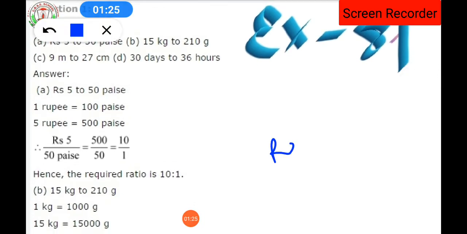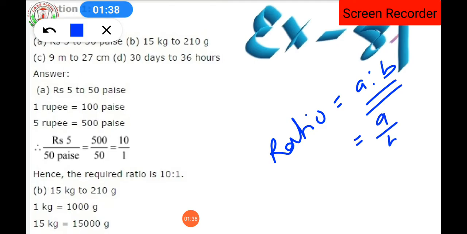Ratio is comparing two quantities. Whatever the two quantities are, we are going to compare them, and those two quantities must have the same unit. So that is called a ratio.